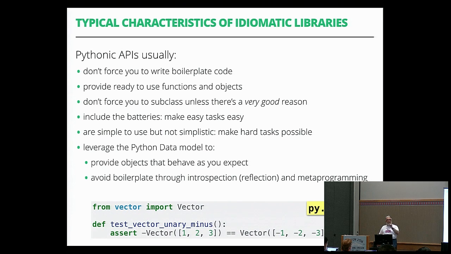And sometimes they expose methods of that instance as top-level functions in the module, so that you can just call these functions without knowing that there's actually a class involved. For the simpler case, that works very well. Pythonic APIs don't force you to subclass unless there's a very good reason to do that. I've been more and more convinced that subclassing is something that should only be done by framework authors, not users of frameworks.